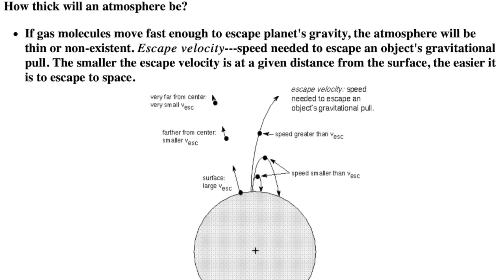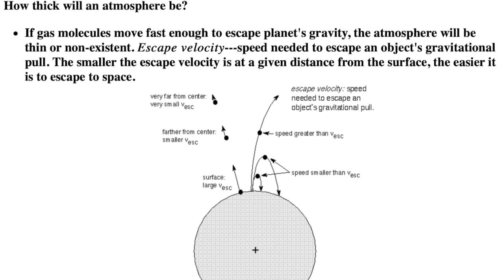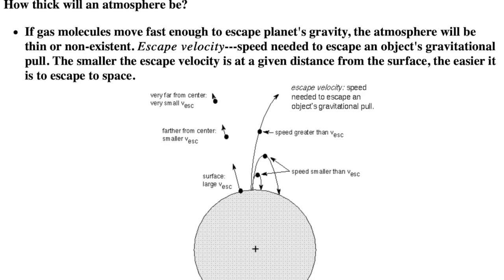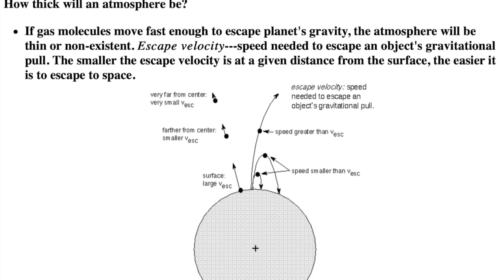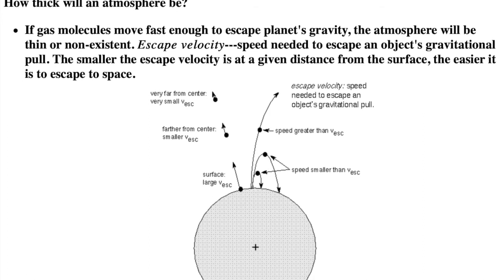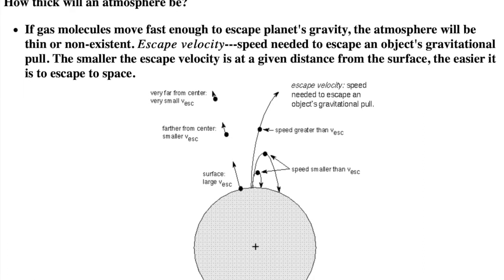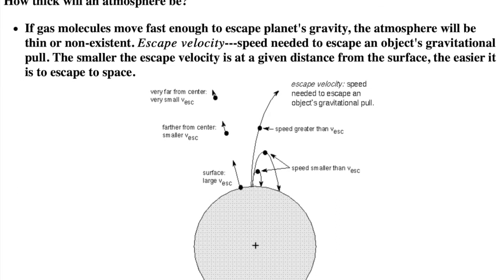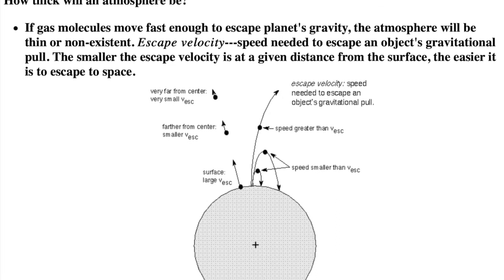How fast is fast enough? That is specified by the escape velocity, which is the initial velocity an object needs to escape a massive body's gravitational influence and never return. Focus your attention on the right-hand side of the picture. If you throw something up, it slows down as it rises and then falls back down.